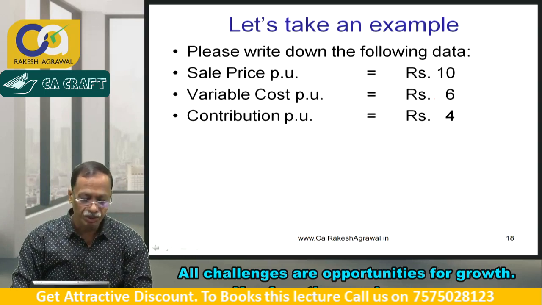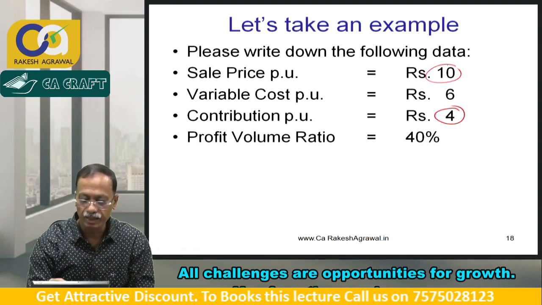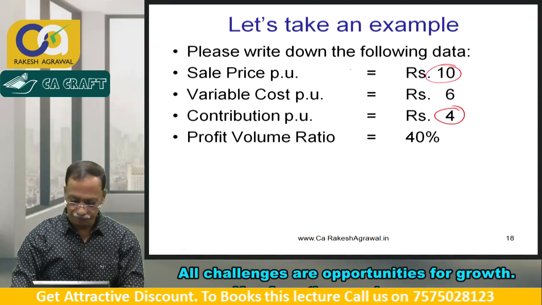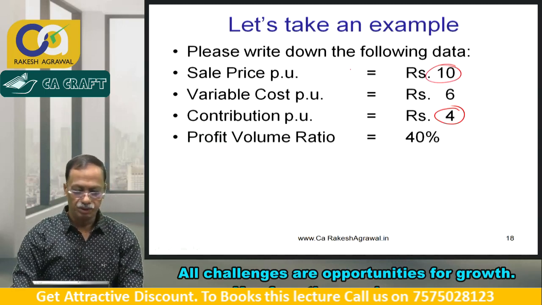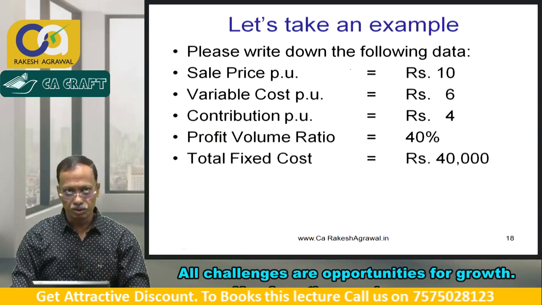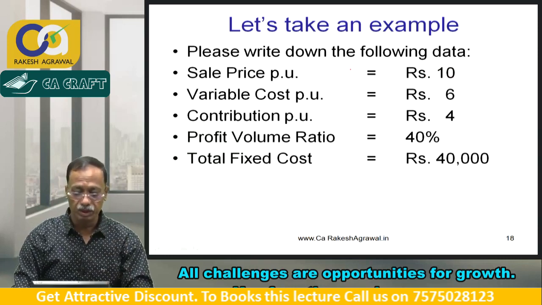From here we will get PV ratio, which is nothing but 4 divided by 10, so that is 40%. So profit volume ratio is equal to 40%. Now total fixed cost, rupees 40,000.